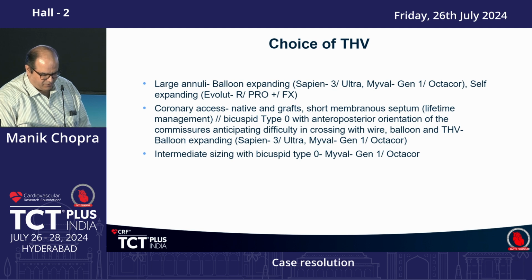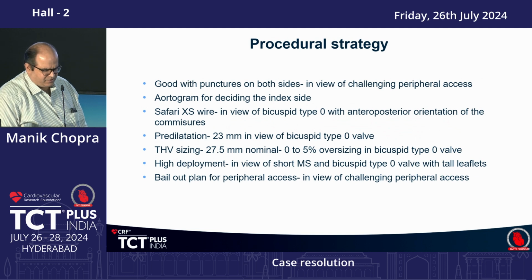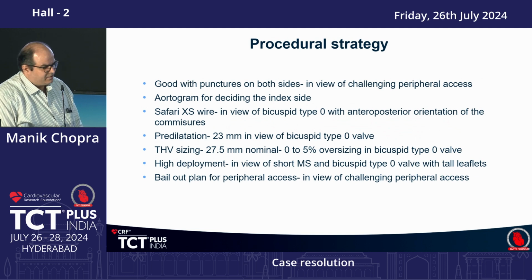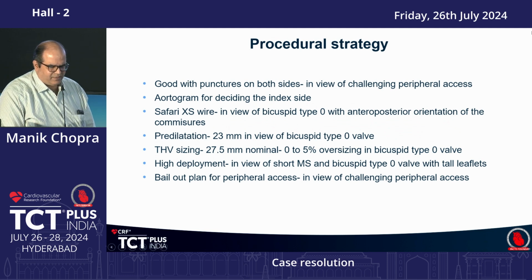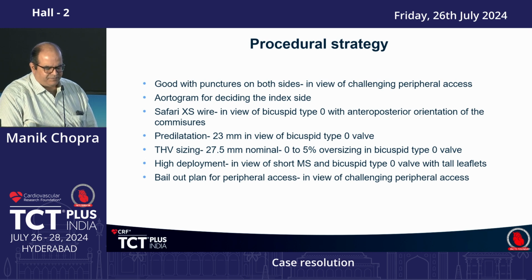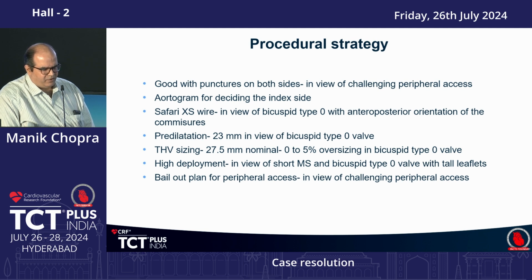if it is sealing at some other level and you think that something ominous is going to happen, either the valve is shifting to only one side or something. So regarding the procedural strategy, I decided that we do need to be good on both the punctures, and don't take the other puncture lightly, because maybe the narrowing higher up was not picked up very clearly, so do an aortogram to decide what would be the index size.